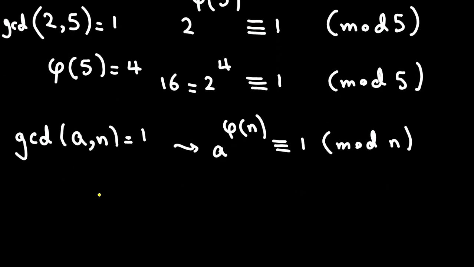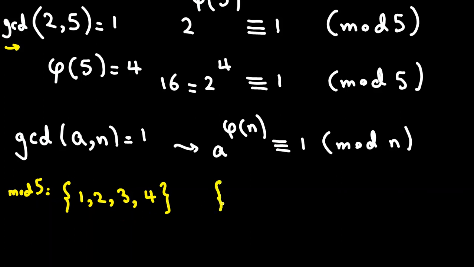Now, I want to prove this. How? At first, let's check for example, some number like 5. So you write all the numbers. I want to consider mod 5. I want to prove at first this one for numbers, then for variables. If you consider mod 5, the numbers that are relatively prime to 5 are this. Now, if I multiply each of them by 2, 2 times 1, 2 times 2, 2 times 3, 2 times 4.